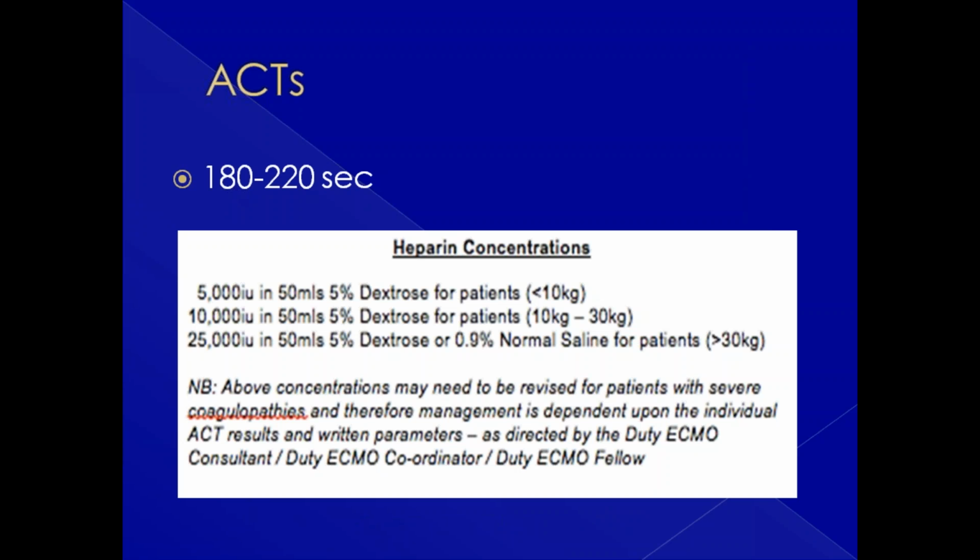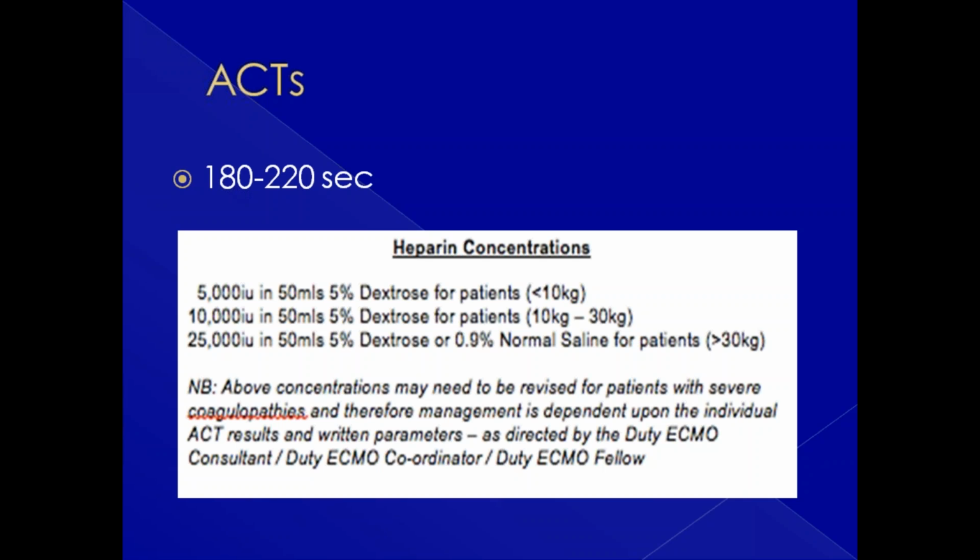There are 3 standard infusions you can use for making up heparin. 5,000 units in 50 ml of 5% dextrose for patients with less than 10 kilos. 10,000 units in 50 ml for patients between 10 to 30 kilos, and 25,000 units in 50 ml of 5% dextrose or normal saline for adolescents and adults, or those with more than 30 kilos.